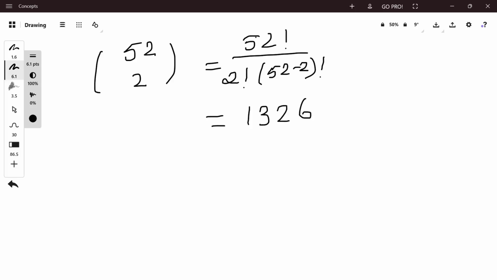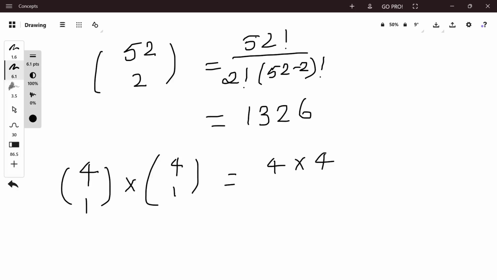There are 4 kings and 4 queens in a standard deck. The number of ways to choose one king and one queen is the product of the combinations of choosing one of each. That is 4C1 into 4C1, which is equal to 4 into 4, which is equal to 16.